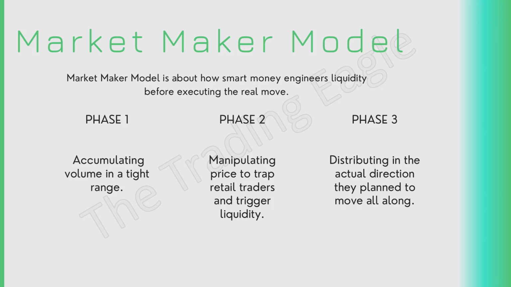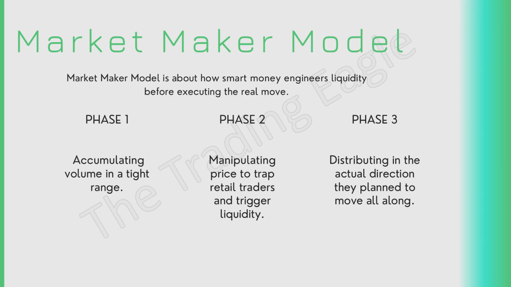And as always, anything I show you here is not just a theory, it's a recurring pattern on charts that is observable and you can check out yourself. The market maker model is basically about how smart money engineers liquidity before executing the real move, and this happens in three phases.